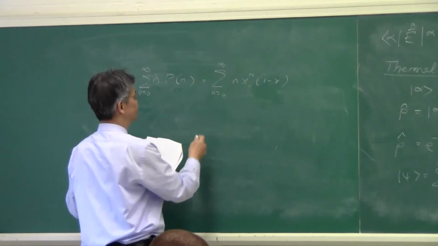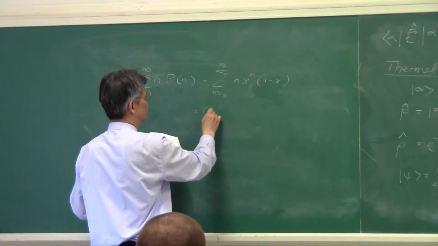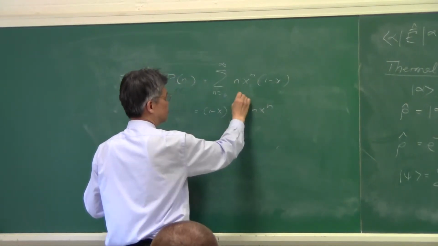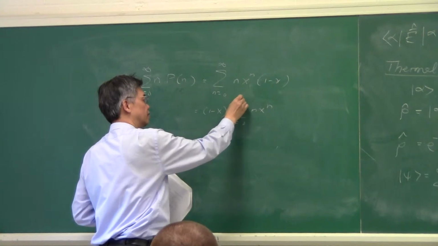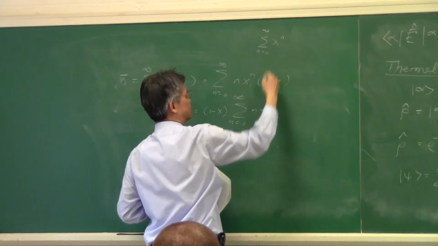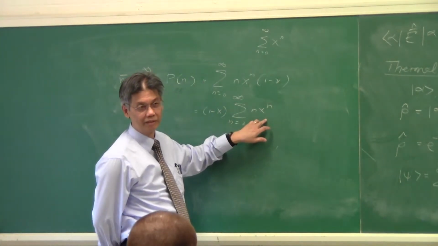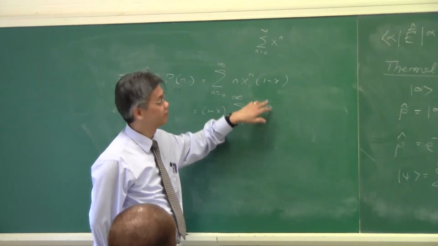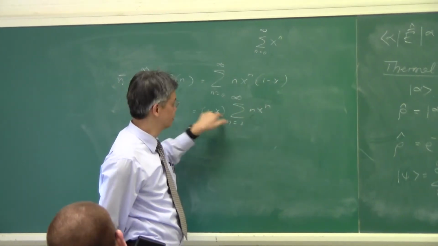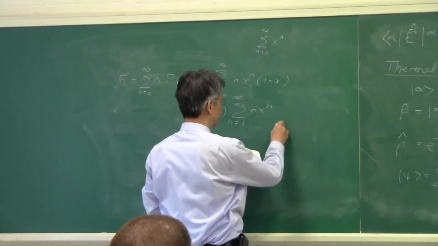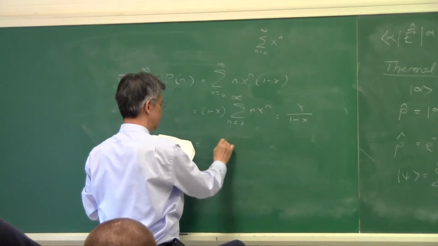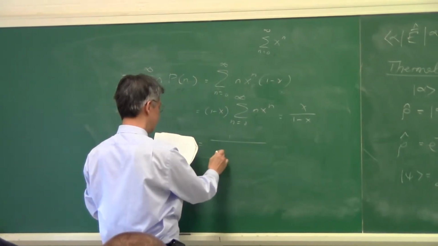Actually, you have to sum something like this. You know how to sum this, right? Since we know how to sum this, you just sum this by taking its derivative with respect to x. If it differentiates with respect to x once, it brings in the n. So you can sum this very easily, and this will sum to x over 1 minus x. And then after you plug x back in, you have this.